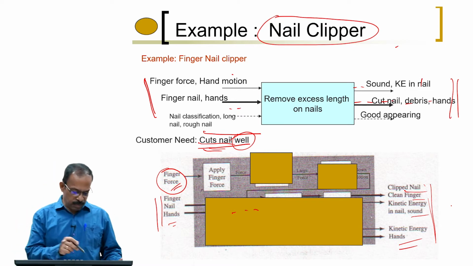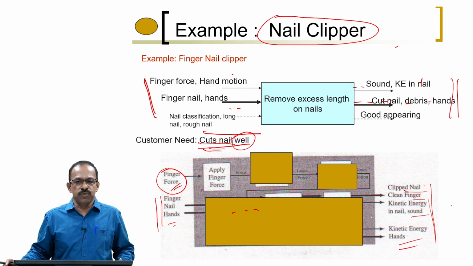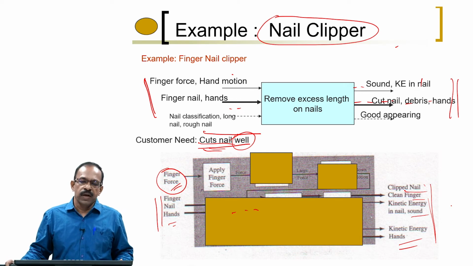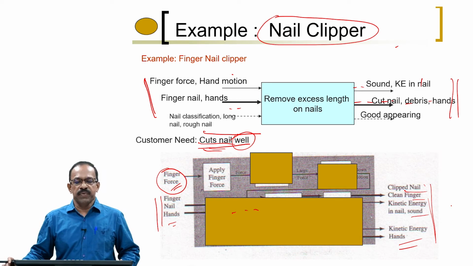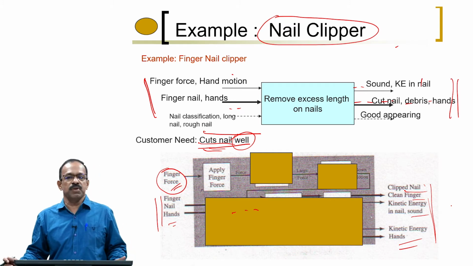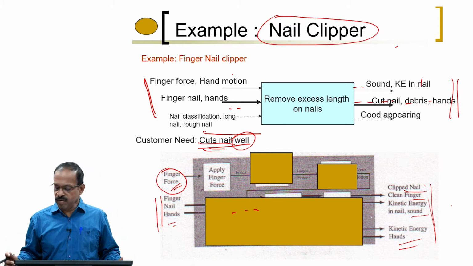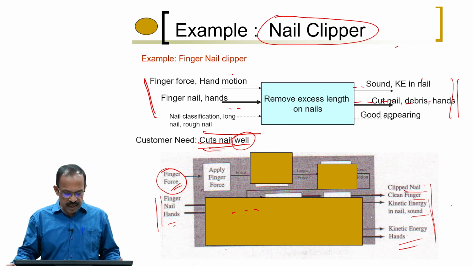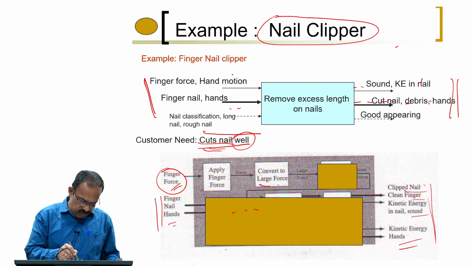So, we look at applying the finger force. When you apply the finger force, you need to actually increase this force to cut the nail, because whatever you apply from the finger may not be sufficient. So, there is a force increase because of some mechanism inside. The next one will be to convert it to a large force.